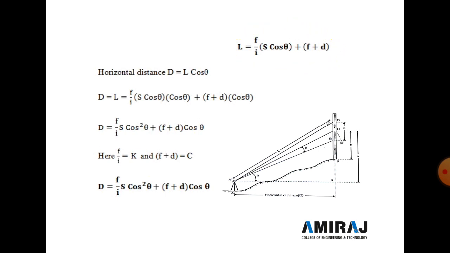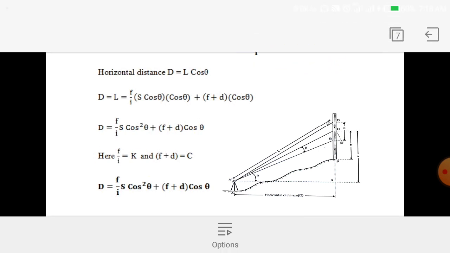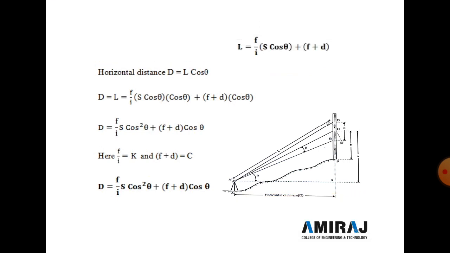So here the horizontal distance D is equal to L cos theta. L is the inclined line and theta is here, so cos theta is equal to D by L. So D is equal to L cos theta. Put the value of L in the above equation: D is equal to f upon i S cos theta plus f plus d, times cos theta.